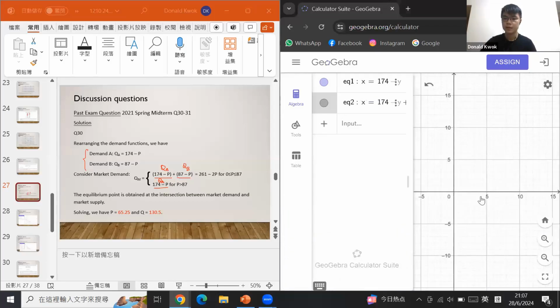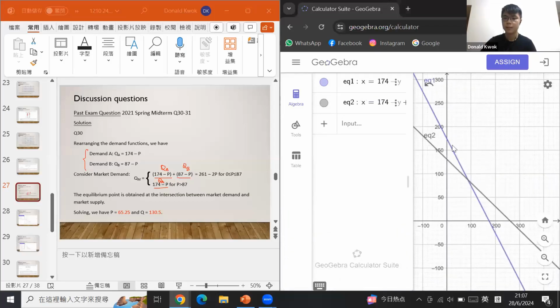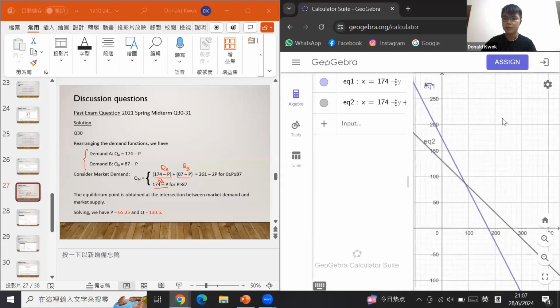All right, so this is the combined demand curve. Let me highlight that to you. Okay. So when the price is high, the purple expression, while if the price is low, then the gray expression. All right, so this red highlighted portion will be the combined demand curve.